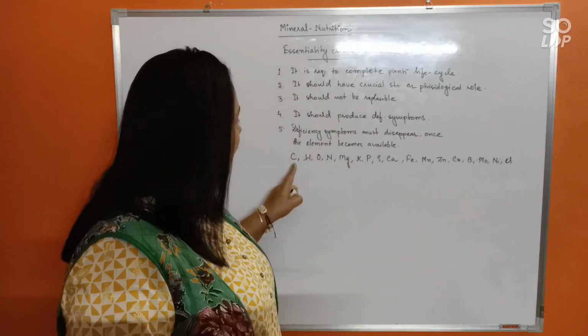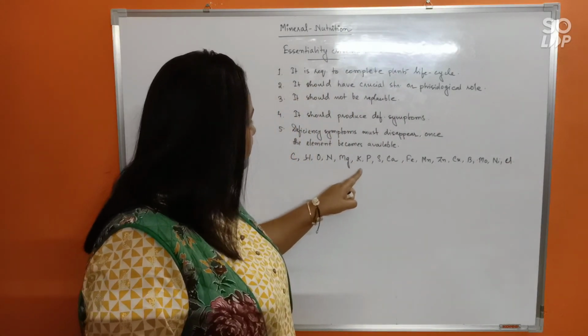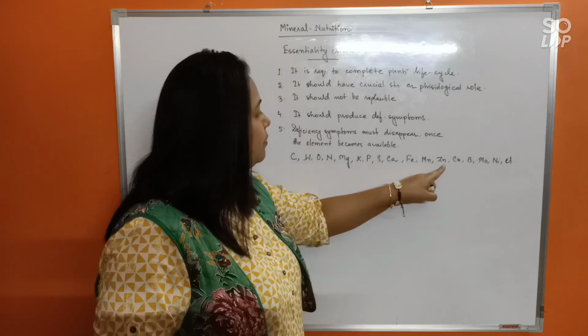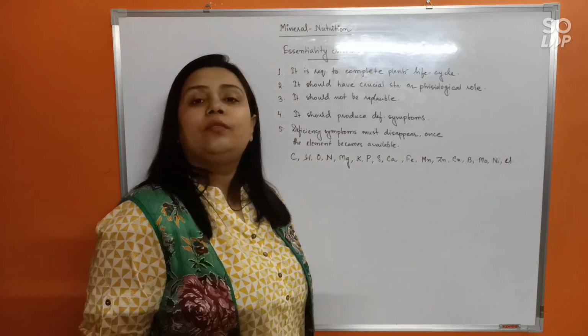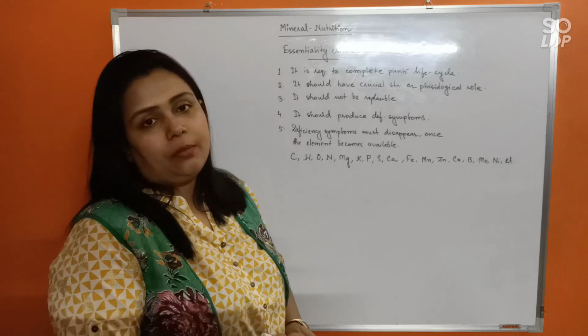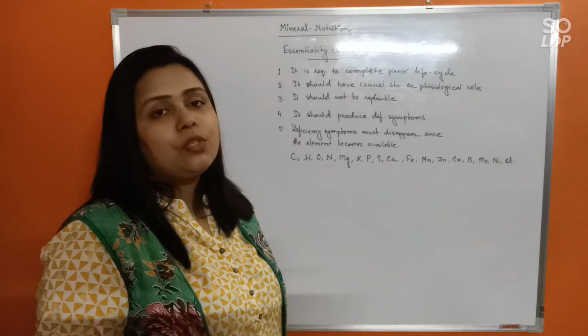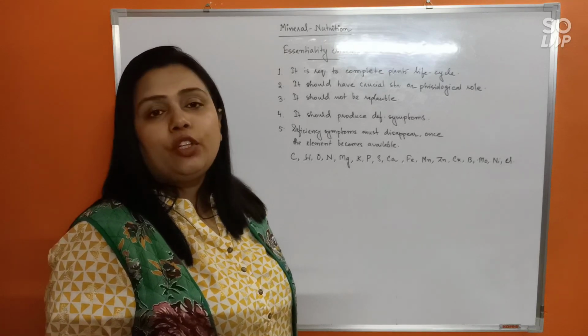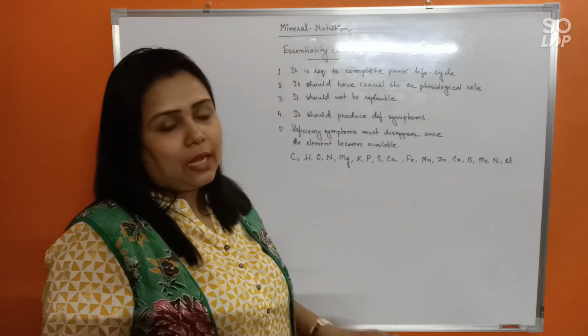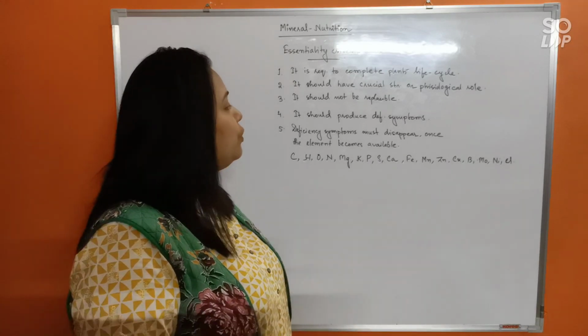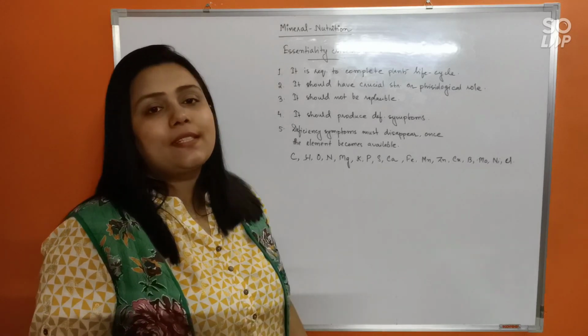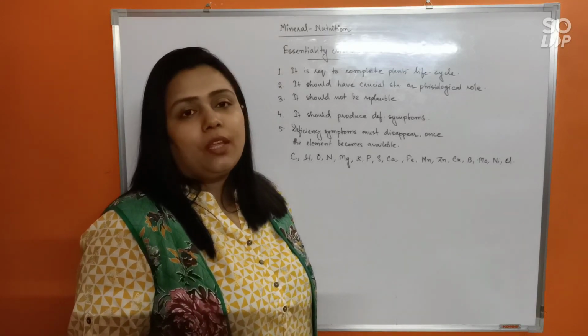Alright, 17, are they 17? Yeah, 17 essential elements. So these are the 17 essential elements which are absolutely required for the completion of the plant's life cycle. So now that you know which are the essential elements, further discussion about them we'll be doing in the next class.